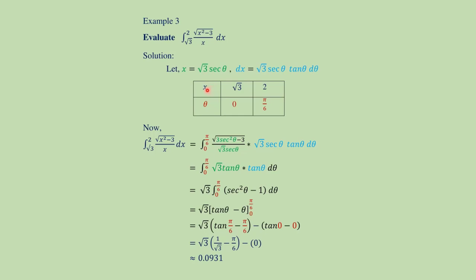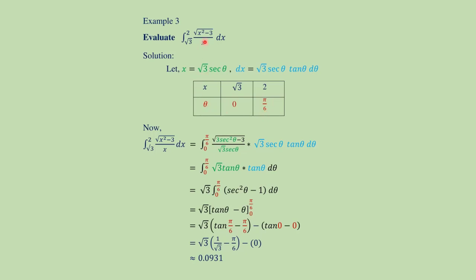So our old limit was from square root of 3 to 2. Now our new variable is theta. So when x is square root of 3, then if you solve for theta, you will get theta equals to 0. And when x is 2, then you will get theta equals to pi over 6.